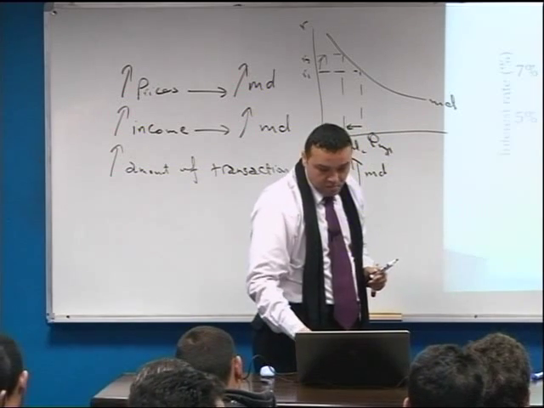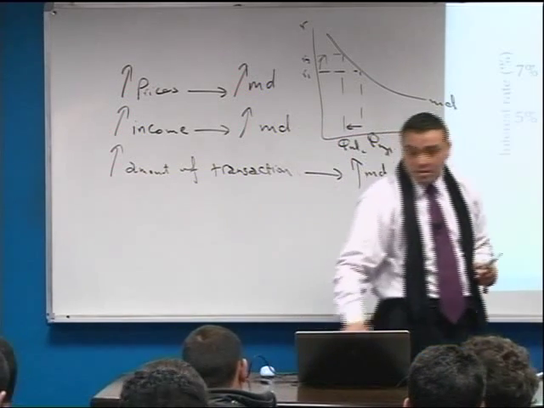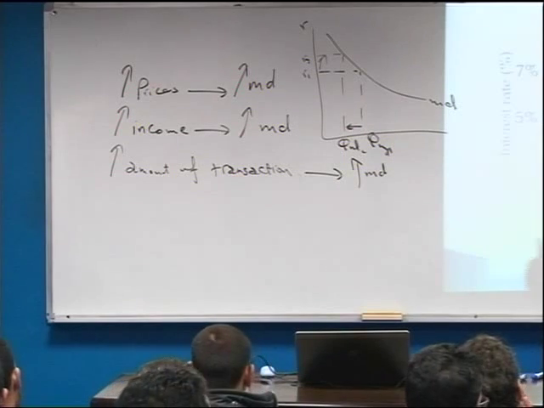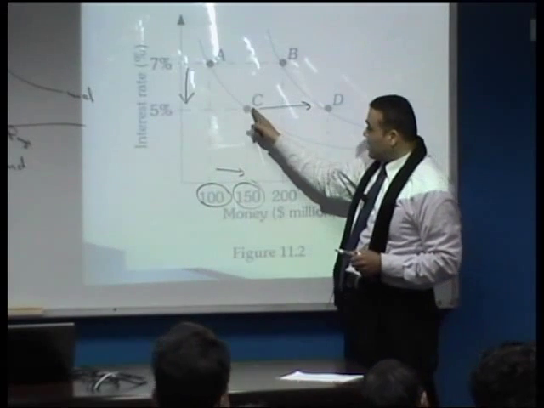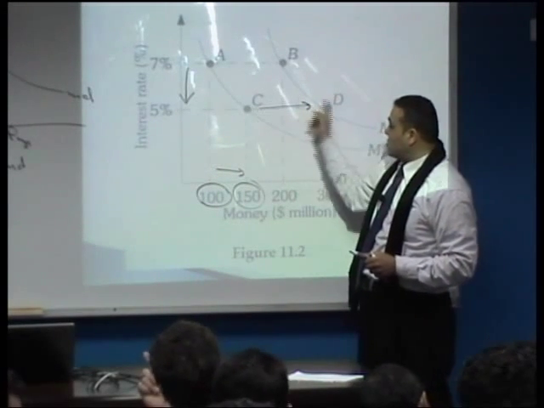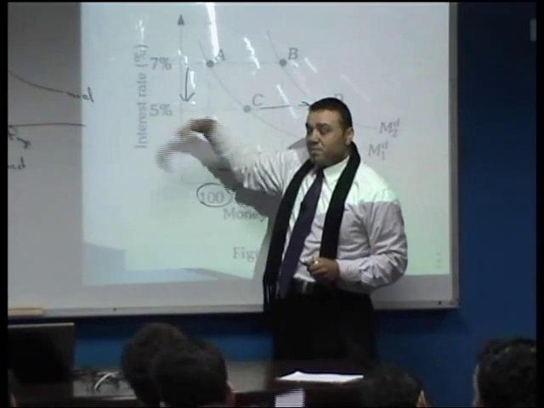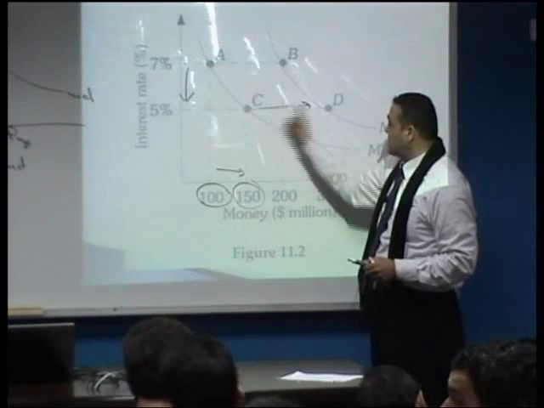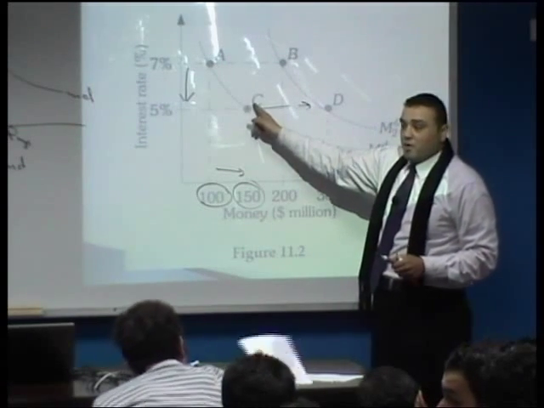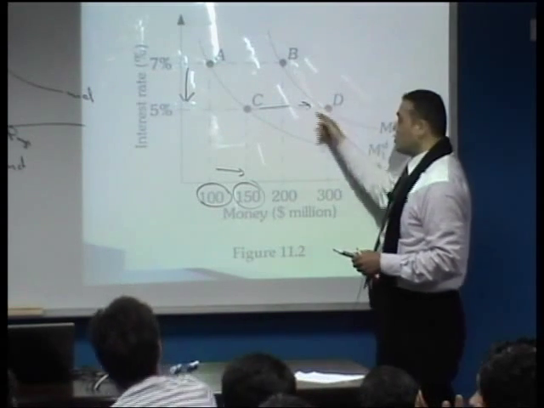From C to D, what are the main causes for the shifting from C to D? As you see, the interest rate is constant. So what made us go from C to D, to another curve from MD1 to MD2?